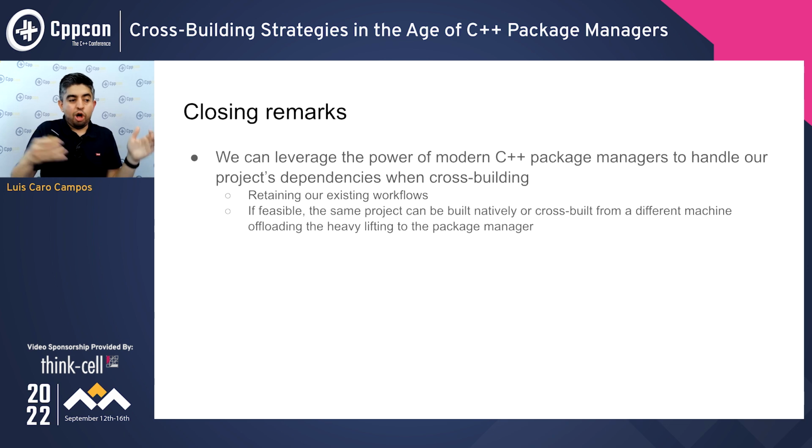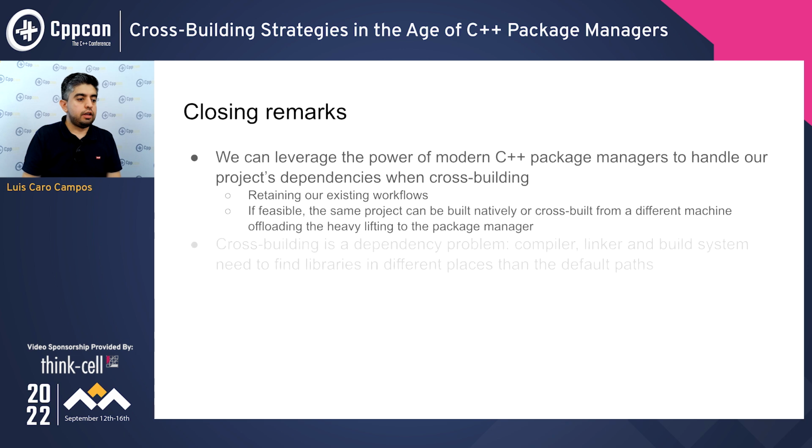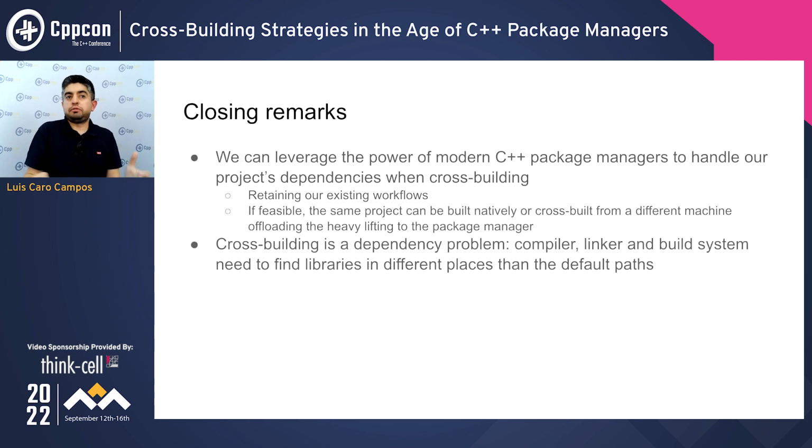So what I'm trying to say is, you can offload the heavy lifting to the package manager, and cross-building, in my opinion, and I'm happy to be challenged on this, is basically a dependency management problem, right? You can look at the compiler, the linker, everything, as a dependency, just to get started.